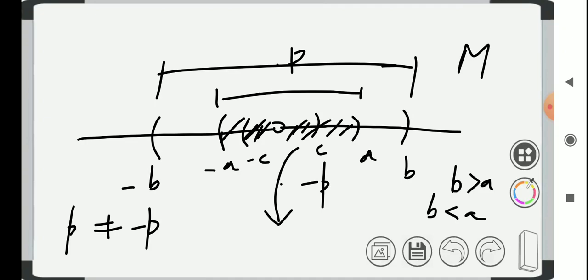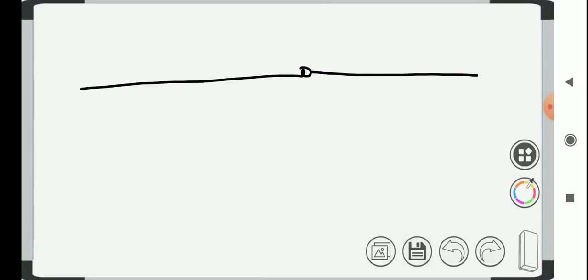Now we will show that this is locally homeomorphic to R. So let us now define homeomorphisms. This is our set P, this is our minus P point.